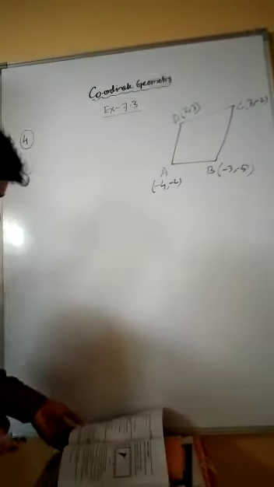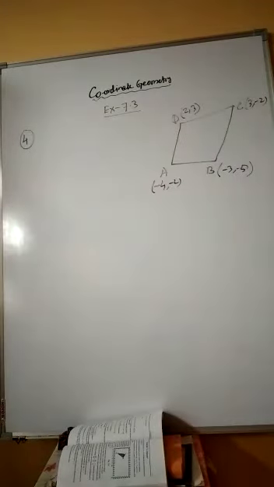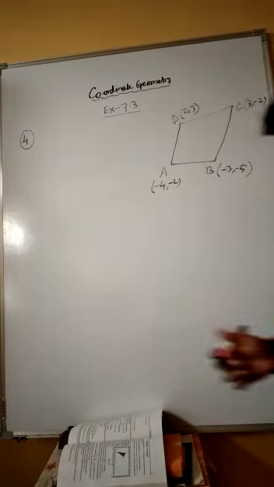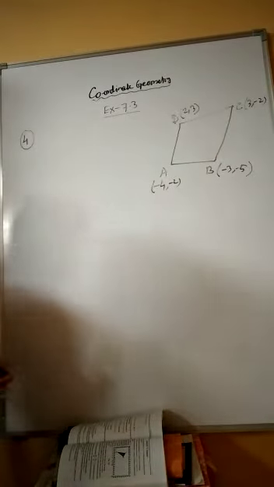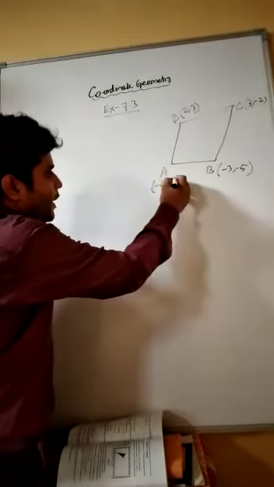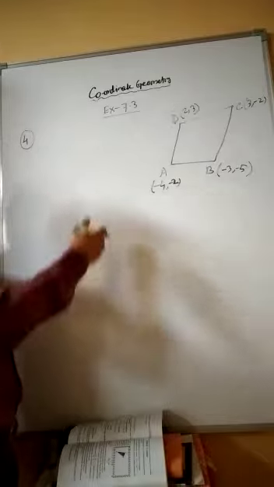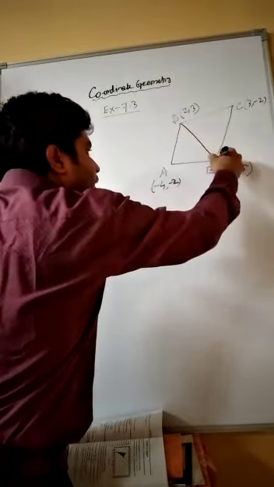Now you see, we have to find out the area of this quadrilateral. For which we have to join any of these two diagonals, either BD or AC.